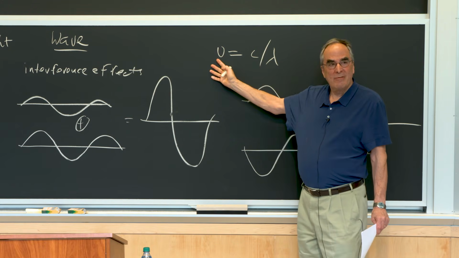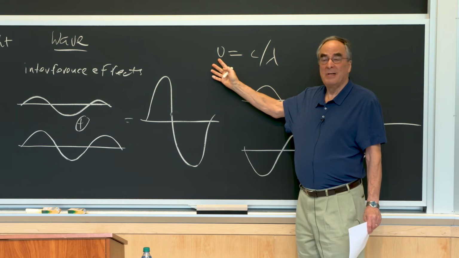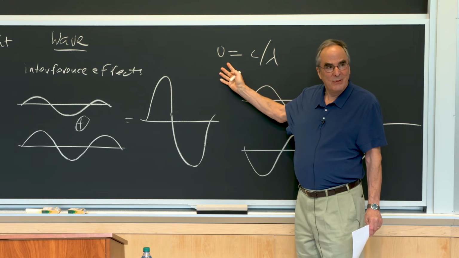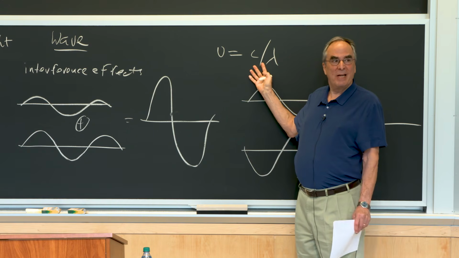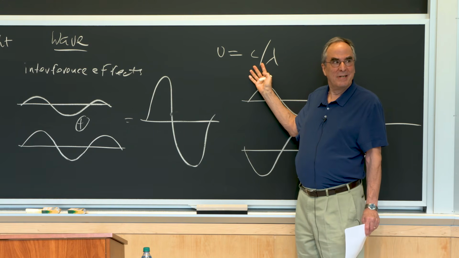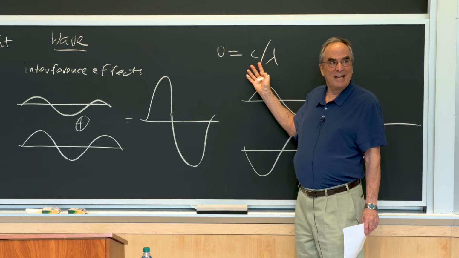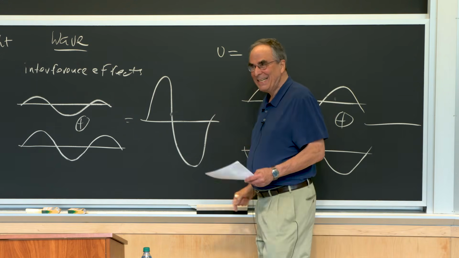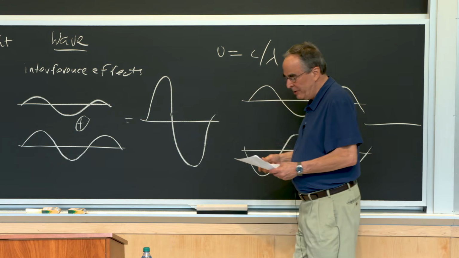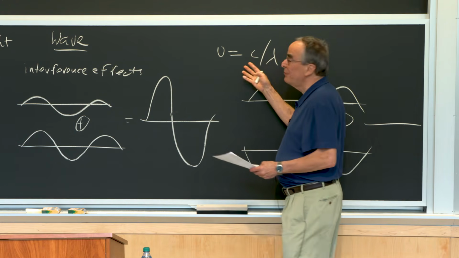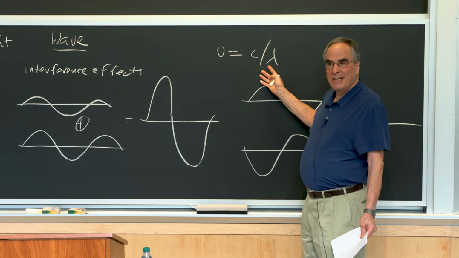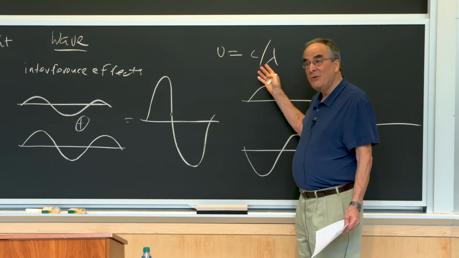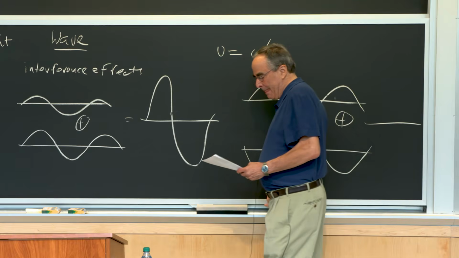If someone on the telephone or on Skype constantly asks you what is nu, you can put an end to that behavior by saying c over lambda. And if you do it often enough, it'll stop. It may be that the question will be rephrased, but it's useful to remember this as a repellent and also as a crucial organizing principle.